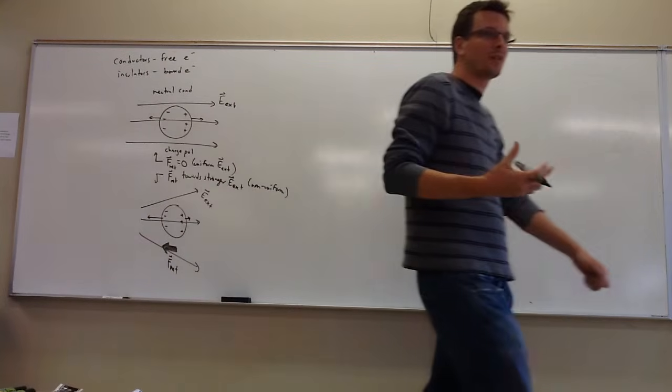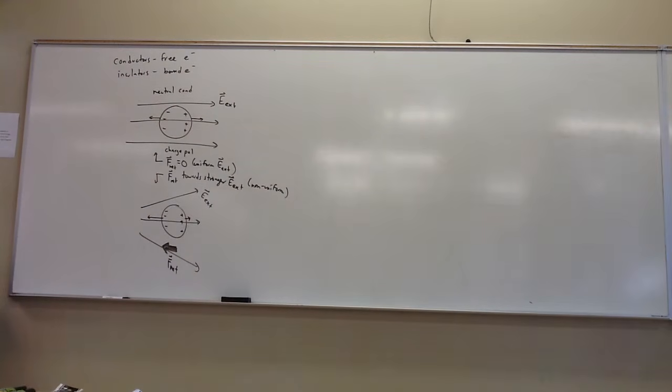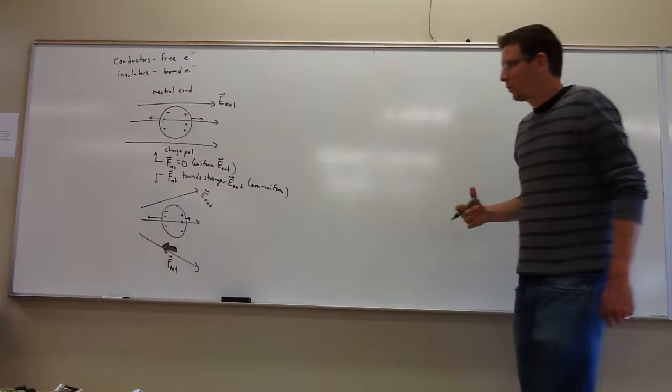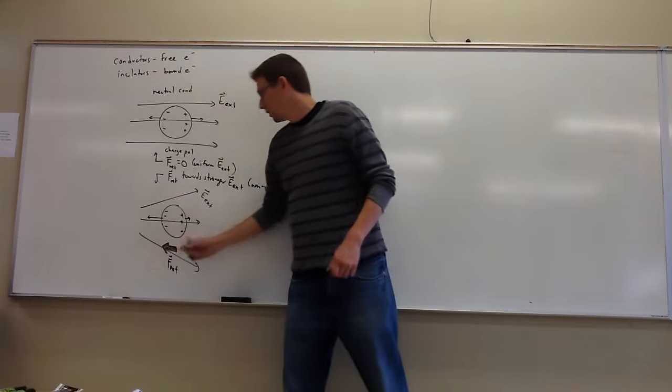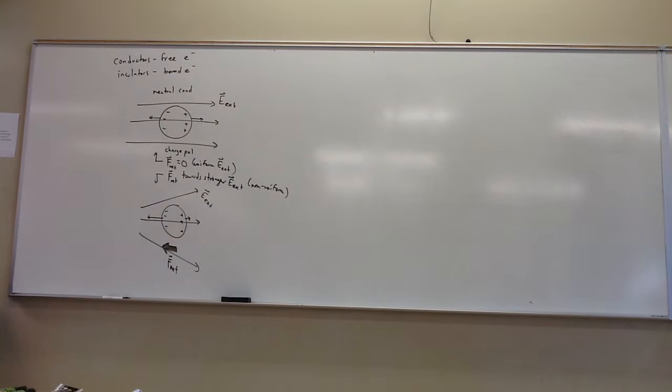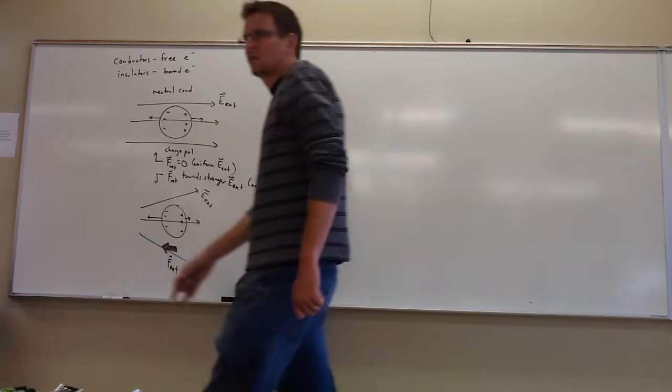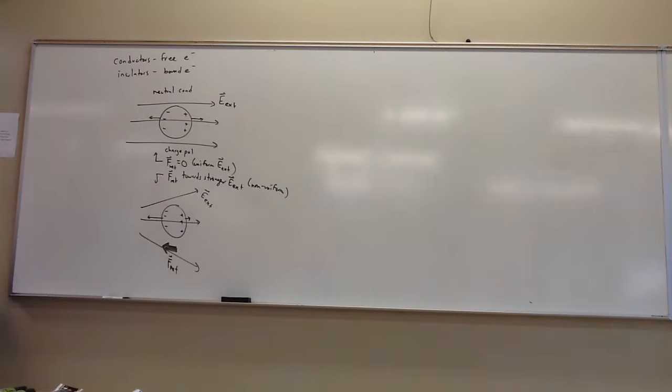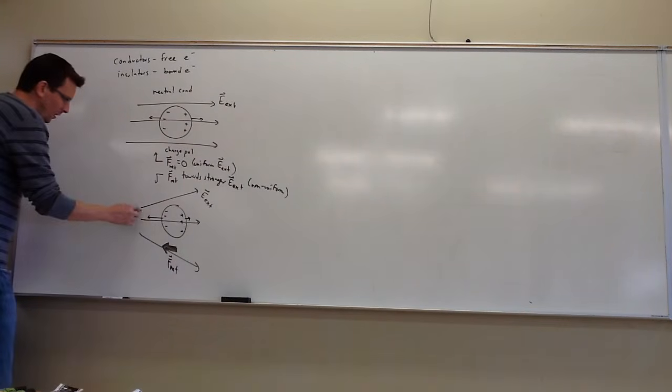The minus charge wants to go upstream more than the plus charge wants to go downstream. And so we wind up with a net force towards the region of stronger field. So if you have a non-uniform field, then a neutral conductor will experience a net force.